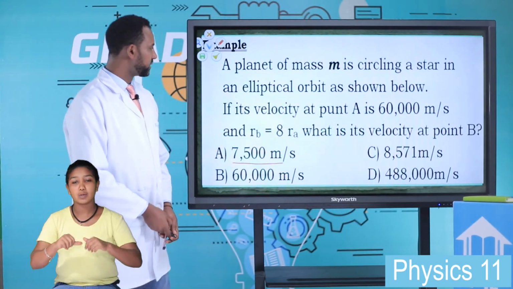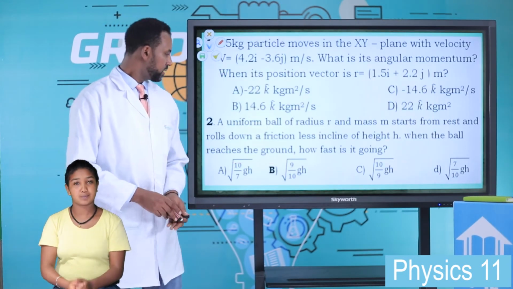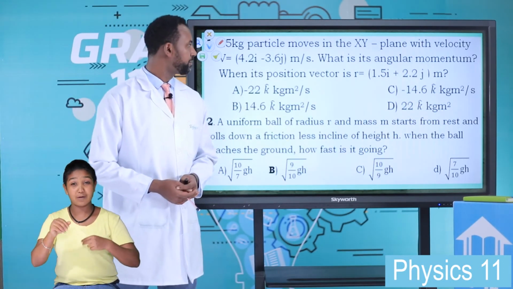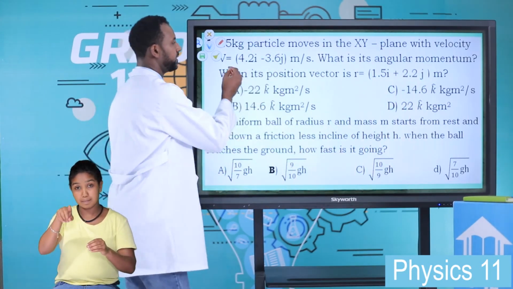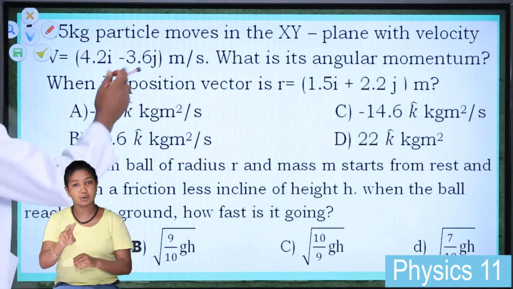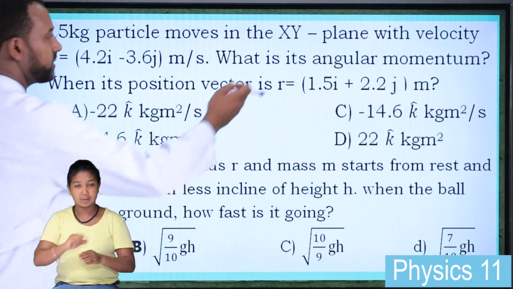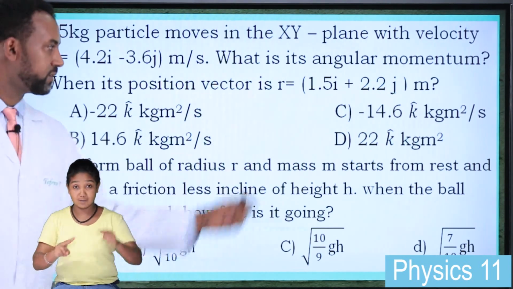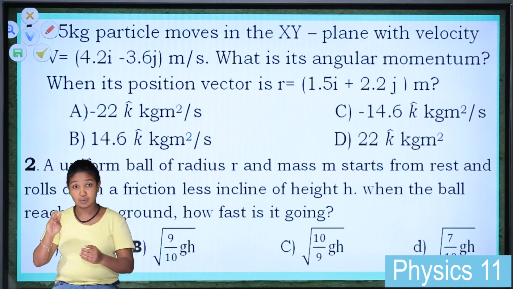Now let's proceed and try to add one more. Look here. Suppose you have a 5 kilogram particle that moves in the xy plane with a velocity v of 4.2 in the i, minus 3.6 in the j, meters per second. What is its angular momentum when its position vector is given as 1.5 in i plus 2.2 in j?